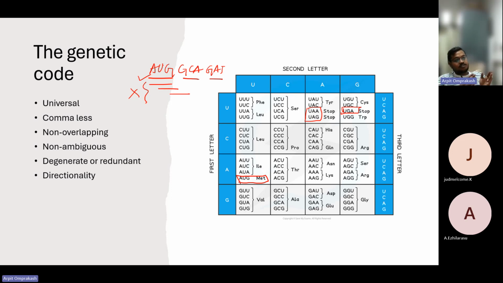So each of them will lead to a single amino acid that is to be attached. It is degenerate or redundant. So many of the codons code for the same amino acid. That's why it's degenerate or redundant. And there's directionality. As we talked about before, there's a directionality in which proteins are produced, similar to the directionality in which RNA is produced and so on.